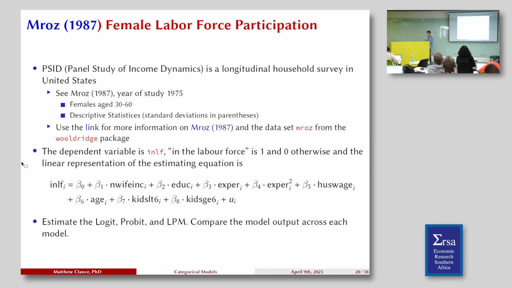Anything that comes out of it is not my fault. But basically, we should be able to see some information that determines whether the woman is in the labor force due to some of these determinants, hopefully. Okay? Let me see if there's anything else. Yeah, and then we're just going to estimate a Logit, Probit, and LPM model and just compare in general across for right now.